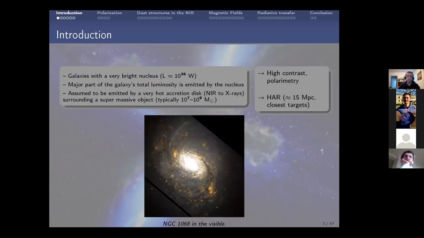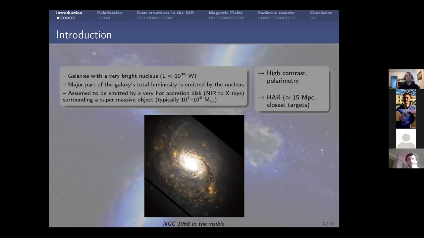This is a picture of NGC 1068, which is one of the closest AGN, and you can see the nucleus is pretty bright compared to the galactic disk. It is considered active if the nucleus is emitting the majority of the total luminosity of the galaxy. This is a rough limit, but we also have different stages.